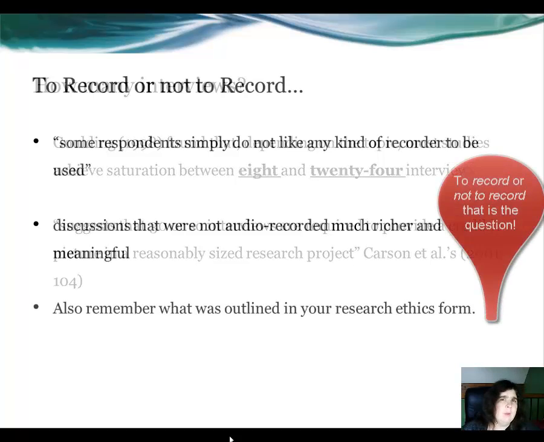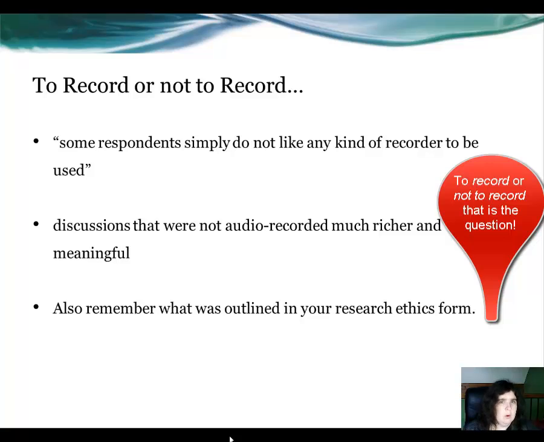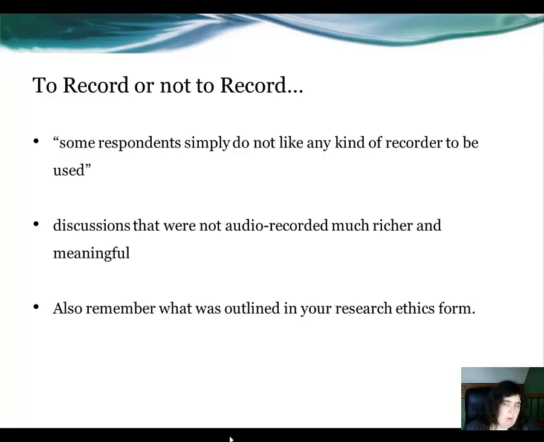The next thing to question is, do we record? Some respondents simply do not like any form of recording to be used. Yes, they will allow notes to be taken, but not their voice to be recorded. Research has found that that little recorder can prohibit people from being open and providing more content and more context to the discussion.